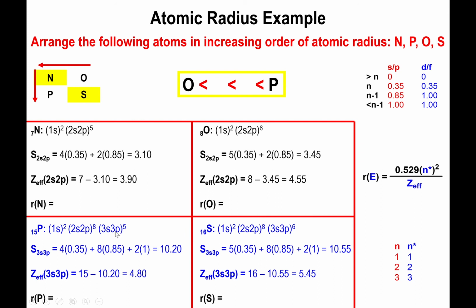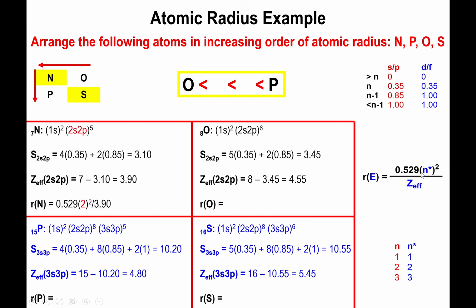So we never go past energy level 3. So it's going to be exactly the values we see here for the valence electrons. For nitrogen and oxygen, the principal quantum number of the valence electrons is 2. For phosphorus and sulfur, the principal quantum number is 3. So we simply plug in all the values.